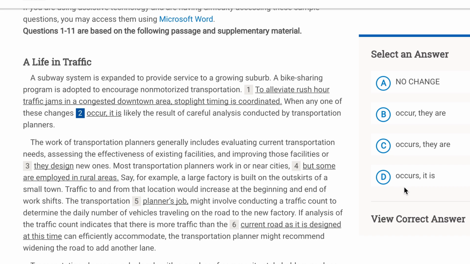Well, I think probably the result of the careful analysis is the changes, right? We make changes after the transportation planners analyze something, and then we know what's going on. But here's what's confusing. I have both one, which is singular, and I have changes, which is plural, right? And I have it, which is singular, and I have they, which is plural. So that's really why this is so confusing, because both of those words seem kind of viable.